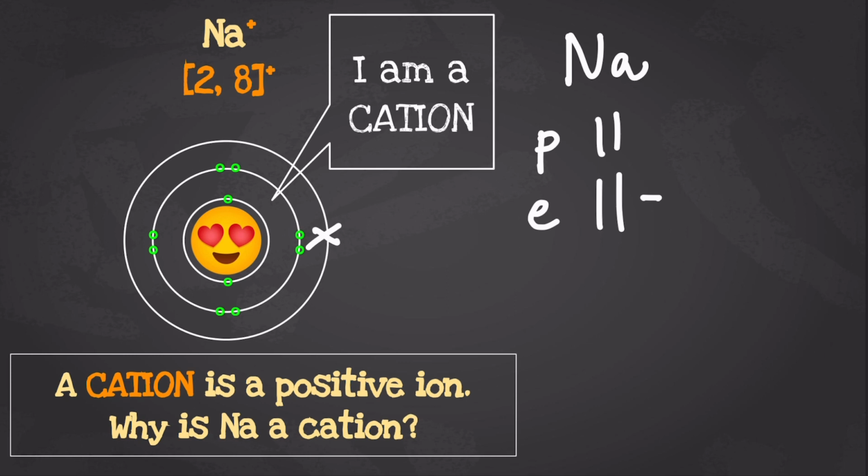So 11 minus 1, there are now 10 electrons. So that means the number of protons is greater than the number of electrons. And since the protons have a positive charge, that is why sodium has a positive charge. Okay?